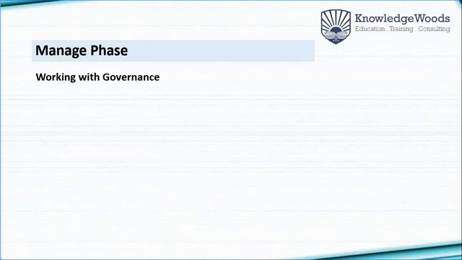Not only this, the manage phase is also about ensuring that you work closely with the PMO governance entity. Yes, the PMO's job is to track whether projects are being delivered on time, within scope, and whether consistent processes are being used at the individual project level, but a PMO should also add value at the organization level.